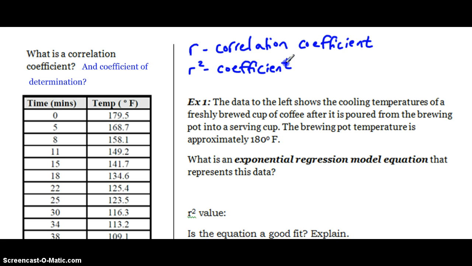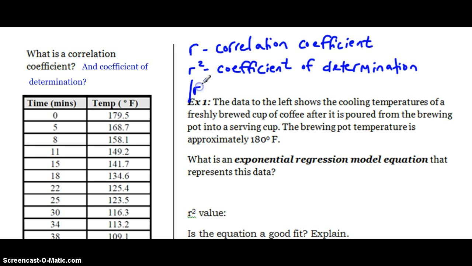And they are a little bit different in how they determine what's the best equation. But for our purposes, the thing you need to realize about these two, the R and R squared, is that the closer that R squared is to 1, or the absolute value of R is to 1, the better the data fits the equation it is given.